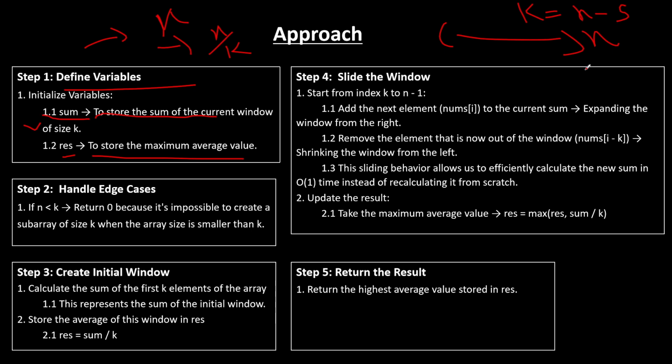A subarray is only possible if k is from 0 to n. Basically, either there is no subarray given to us or the subarray length which is given is equal to n. Because if k is greater than n, we cannot create a subarray from the n.